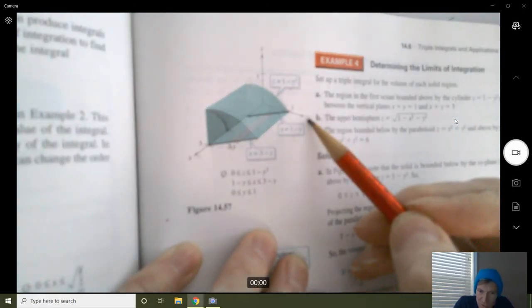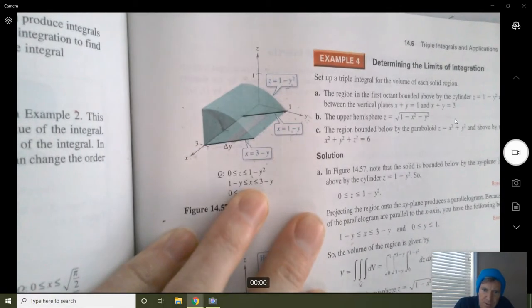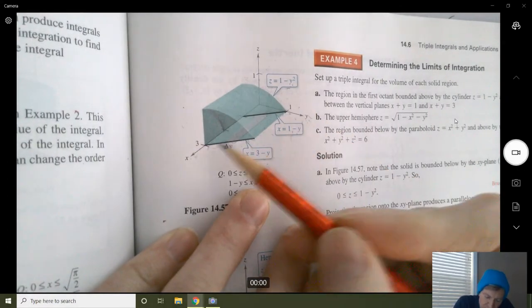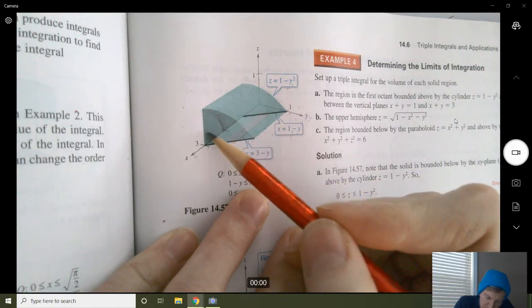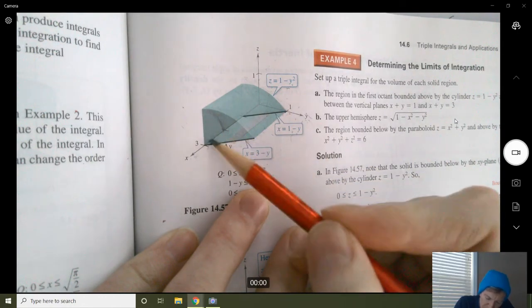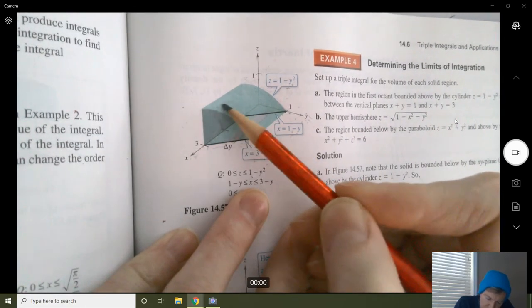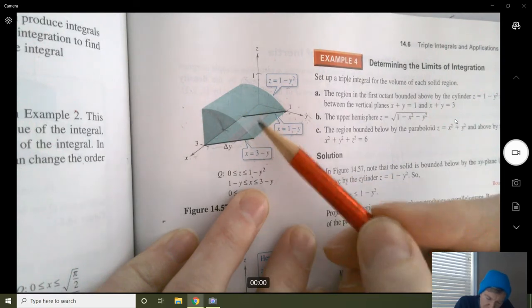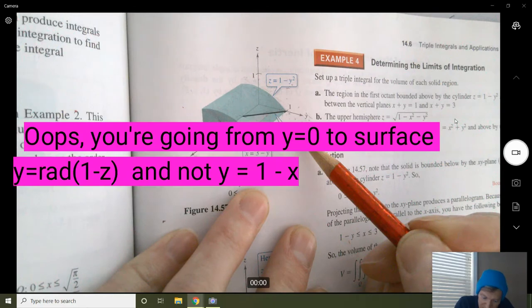Then when you have to do the y's, your y goes from this back end where y is 0. For part of it, you go from y equals 0 to this plane right here, which is going to be y equals 3 minus x. But for the bulk of it over here, you're going from y equals 0 to this surface, which is y equals 1 minus x.